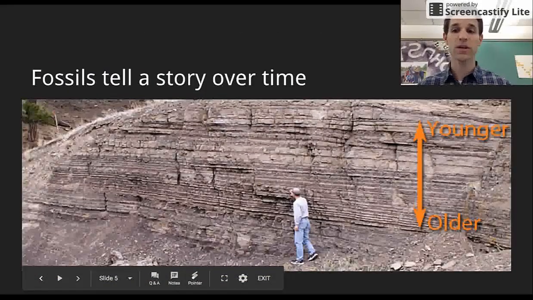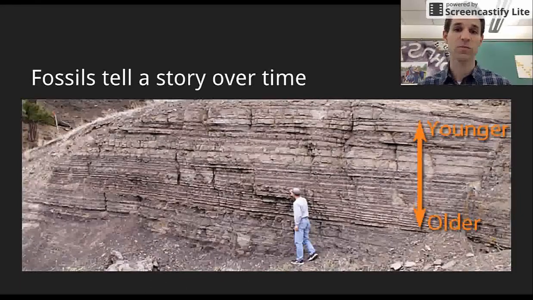The next thing here is, of course, that fossils are found in layers of rock. And so fossils being our first main line of evidence for biological evolution, we have rocks that are older and rocks that are younger. That's a generally accepted geological principle that the older rock layers are lower than the younger rock layers. And they're not always very nicely horizontal and stratified like this. But depending on where we find the fossils, we can place them in time.